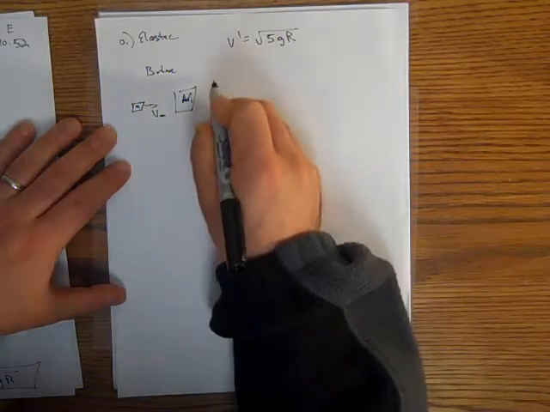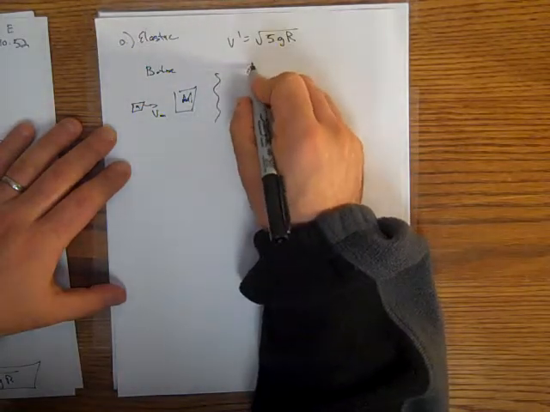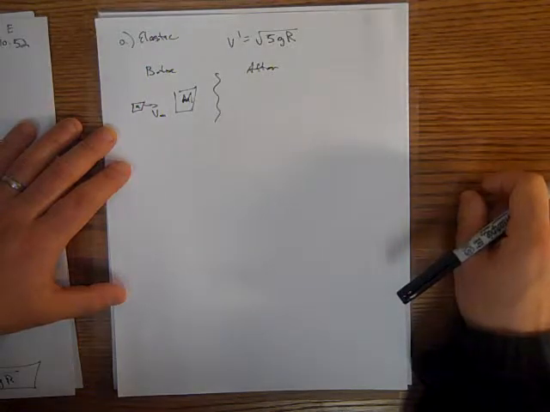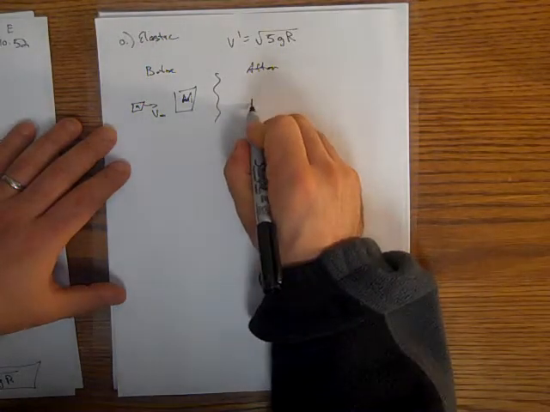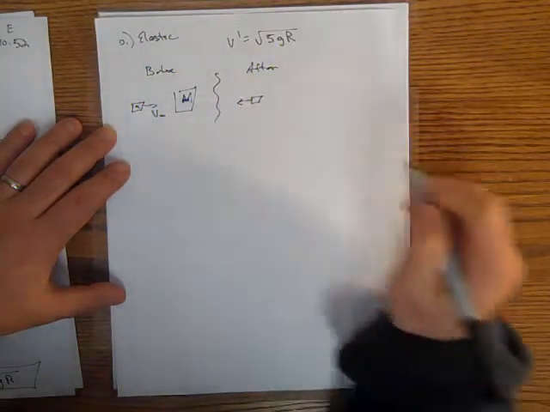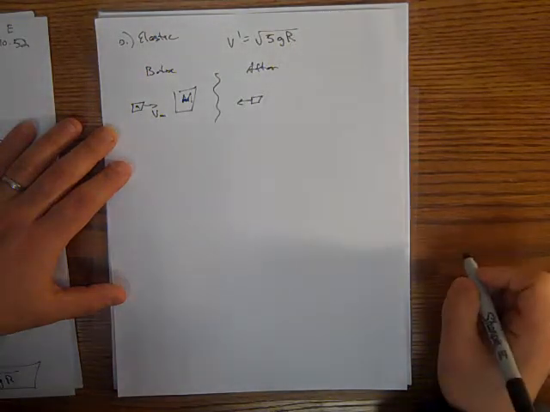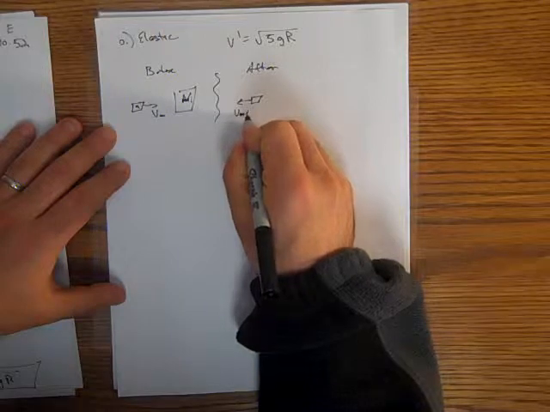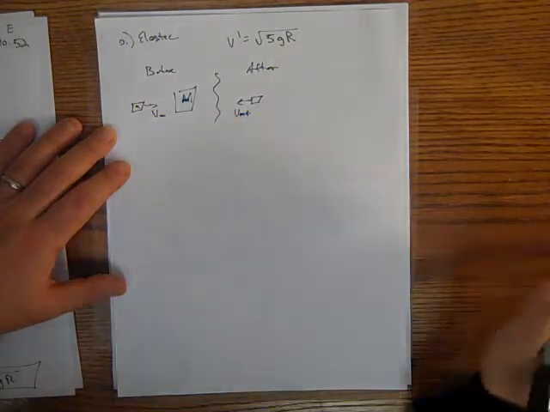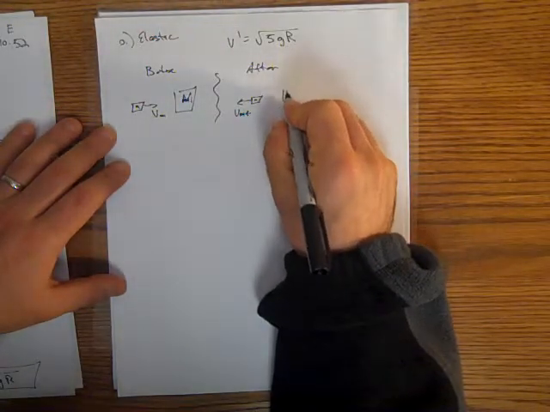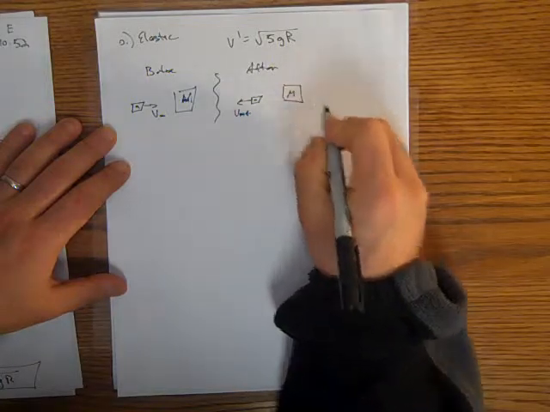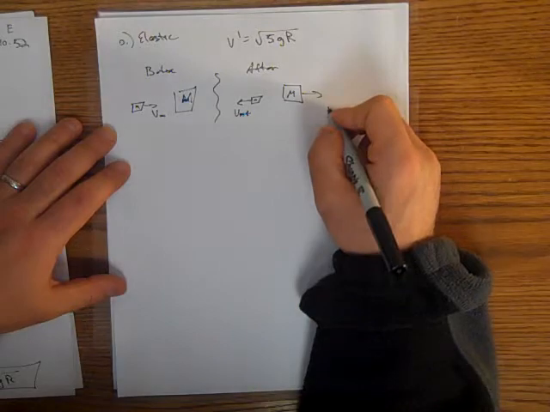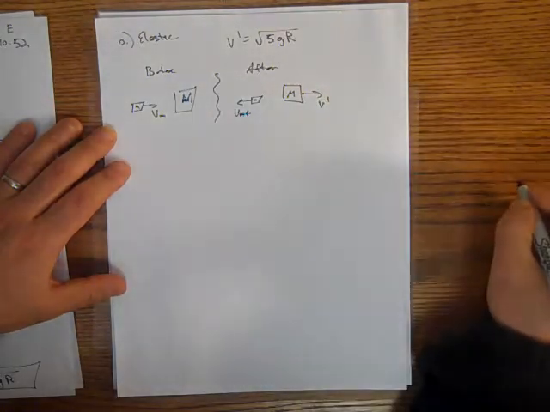And then afterwards, it turns out that the little mass is actually going to be moving in that direction, and I'm going to call this V little m final. And the big mass is going to be moving to the right with a speed v prime, right?